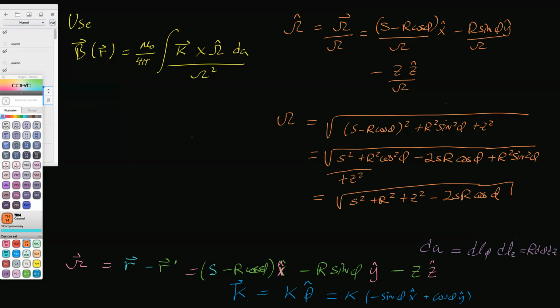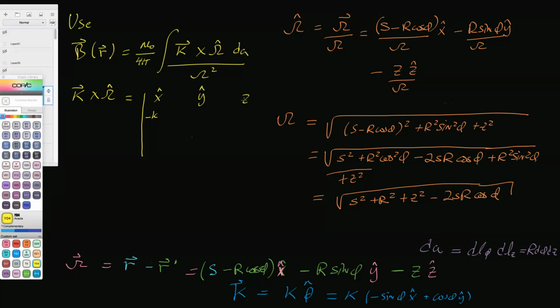Okay. All right, now we can do the cross product. So we're going to do K cross omega hat, and I'm going to have X hat, Y hat, Z hat. And in the X hat direction, K is negative K sine phi. I better expand this, it's too small.